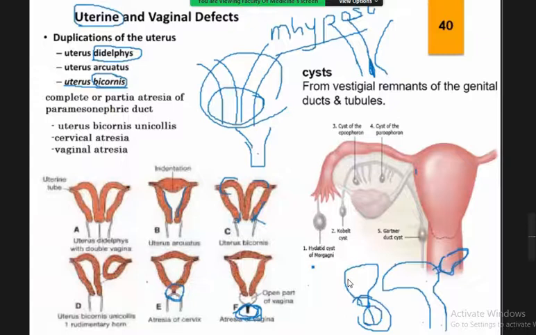It can be a double horn, and then as it comes in with a single cervix, a horn here, and then there is another horn here. But it is very important to note that there is a fusion between these two. So there was an incomplete regression of the septum.